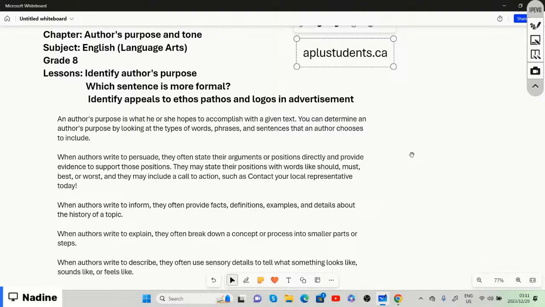When an author writes to inform, they often provide facts, definitions, and examples, as well as details about the history of a specific topic that they are writing about.